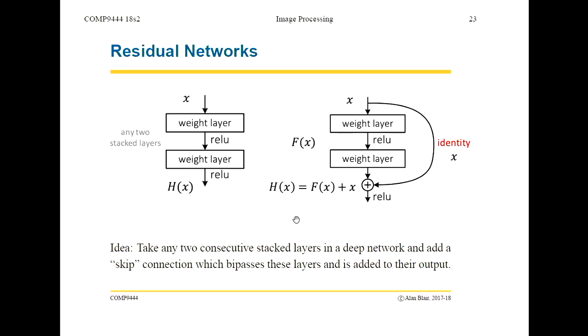The way this works is, instead of just having lots and lots of layers one after the other, always feeding the previous layer into the next layer, they introduce these skip connections, and this value actually gets added in here.